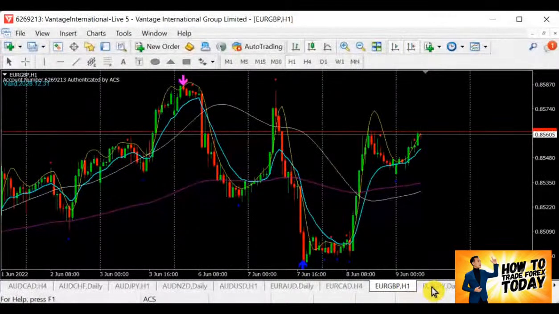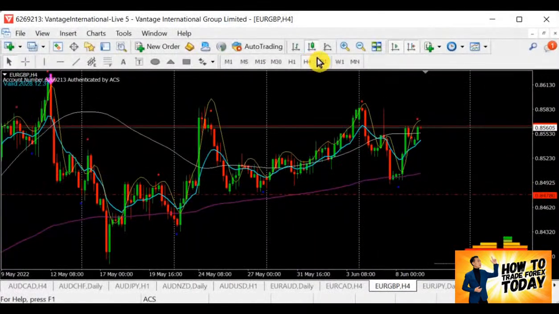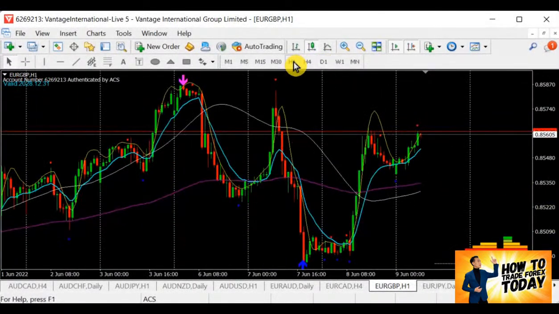As for Euro Pound, I'm going to skip this pair because, as we can see over here, tentatively it is still running on the bull.